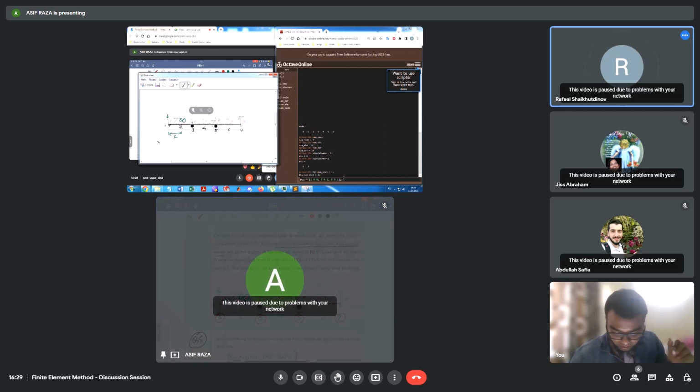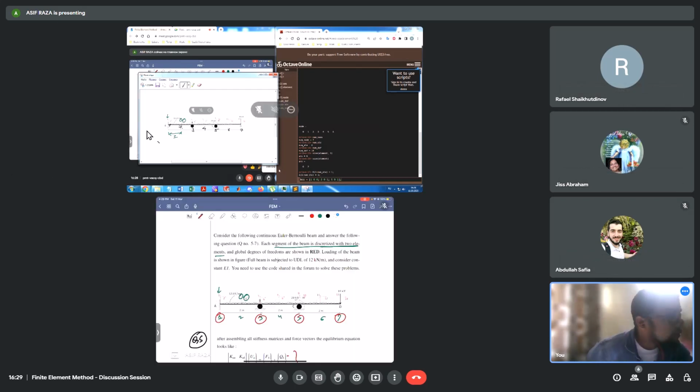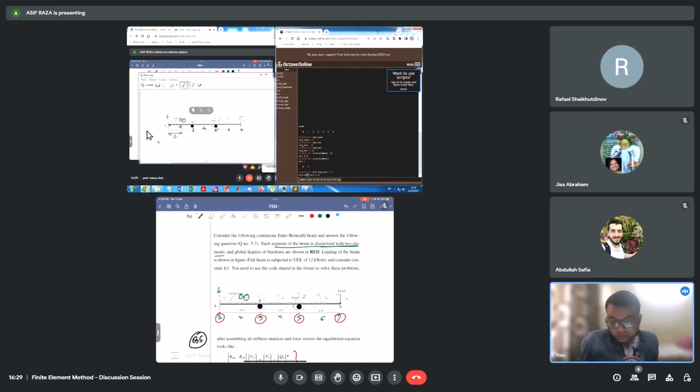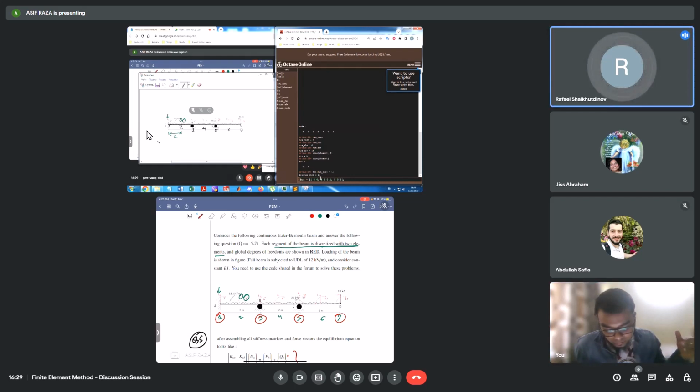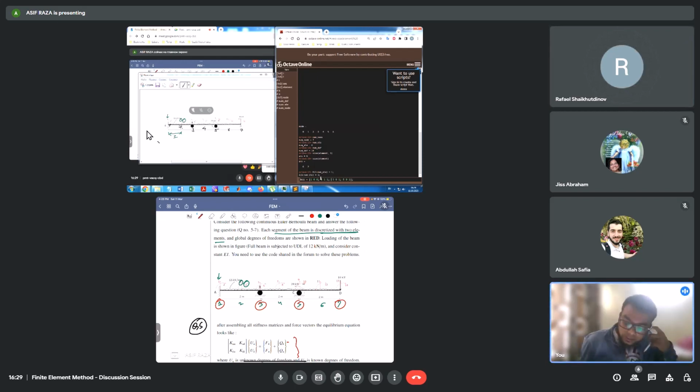In that case, you just need to write 1, 3, 5 only. I believe yes, as I understood. Maybe that's the case, but in the example problem that the professor solved, he filled only the essential boundary conditions.